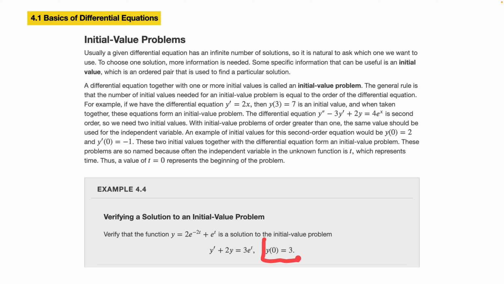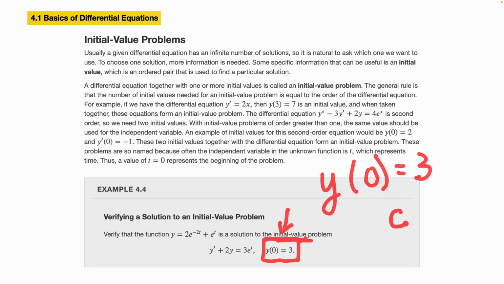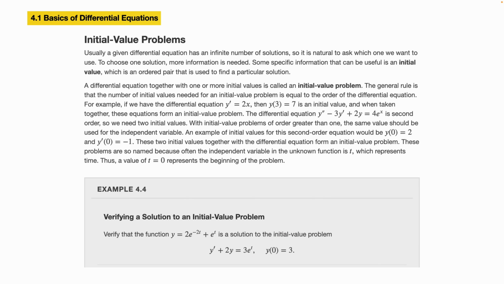Well, that's given in this equation here, which is the initial value. You want your unknown function at this particular input to have that particular output. This will then fix that arbitrary constant of integration, hence giving you a particular solution.